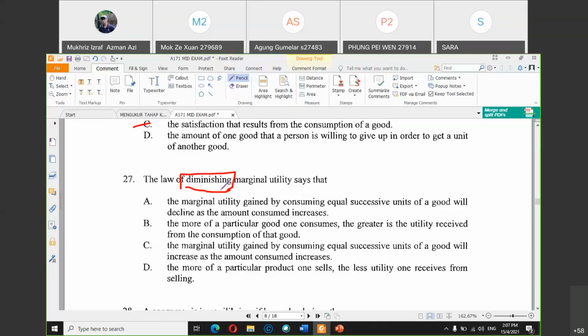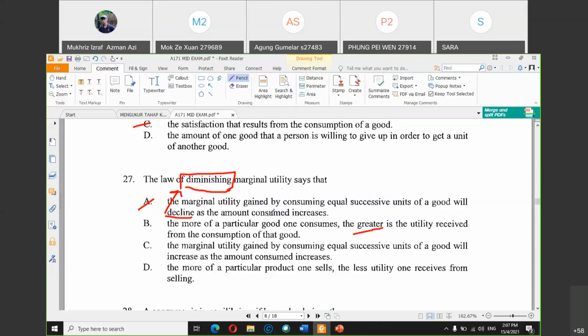So I think the obvious one should be A. The marginal utility gained by consuming successive or additional units will decline, which matches the word diminishing. The option saying utility becomes greater and higher is the opposite of what diminishing means.